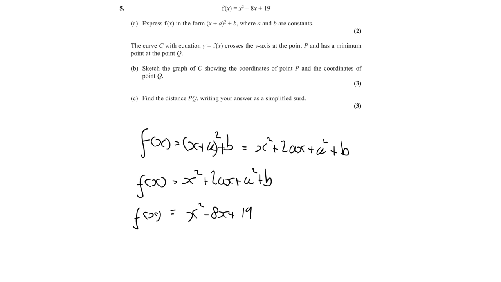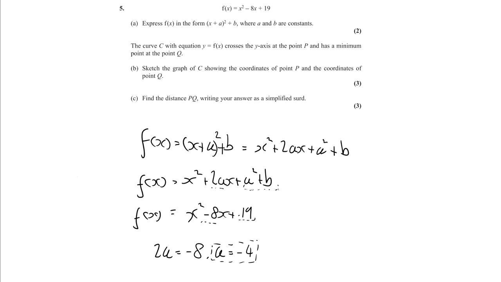And we can now compare the coefficients of our powers of x. So for the power of x to the 1, we have 2a must be equal to −8. So 2a = −8, and a must be equal to −4. Now we can compare the powers of x to the 0. We have a² + b must be equal to 19.